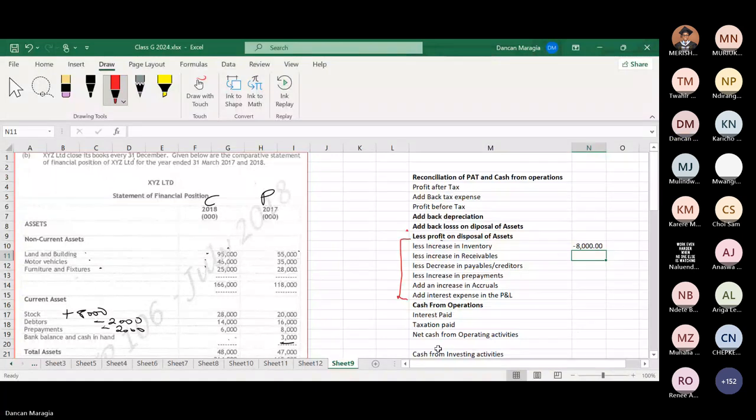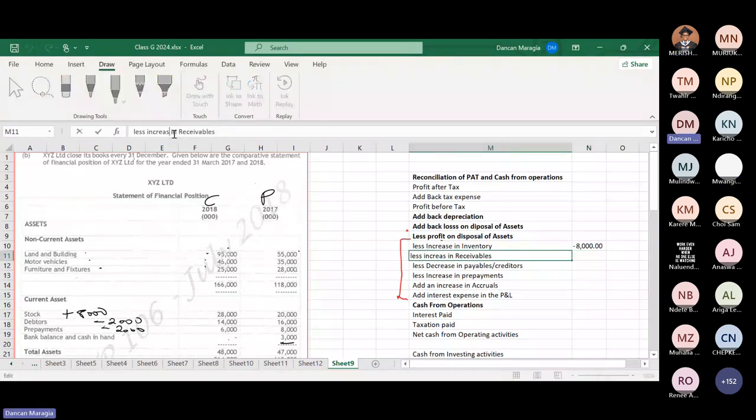Receivables did what? Decreased by 2,000, they reduced by 2 million. So we should do what? Add decrease in receivables. When receivables decrease from the original, we add decrease in receivables, 2 million.